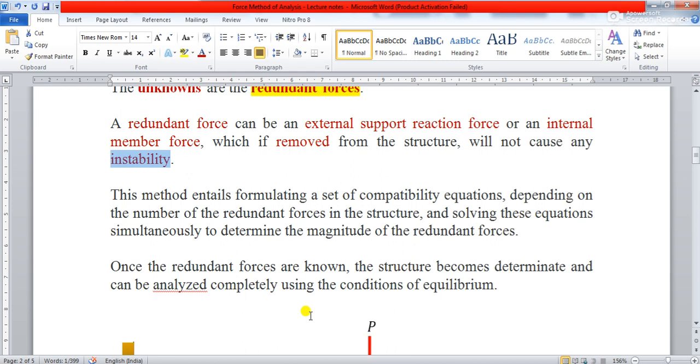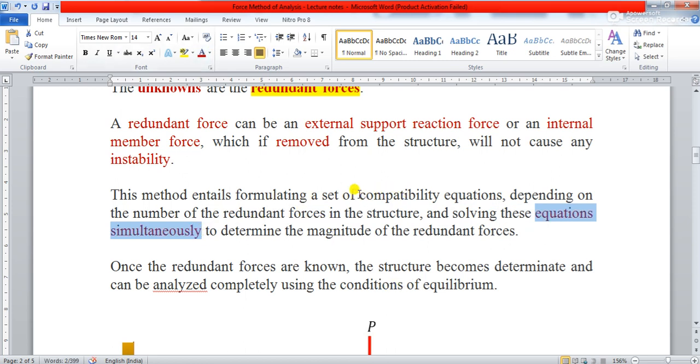And those three compatibility equations will be just like your simultaneous equations. So if you solve the equations simultaneously, then you are going to get the value of the redundant. So basically you will have to solve the compatibility equations simultaneously.